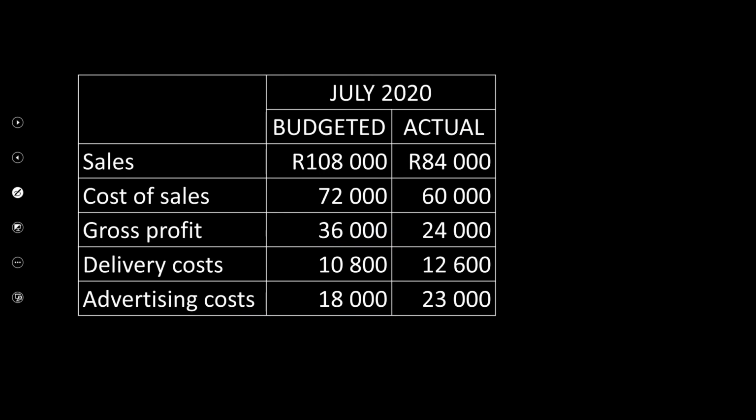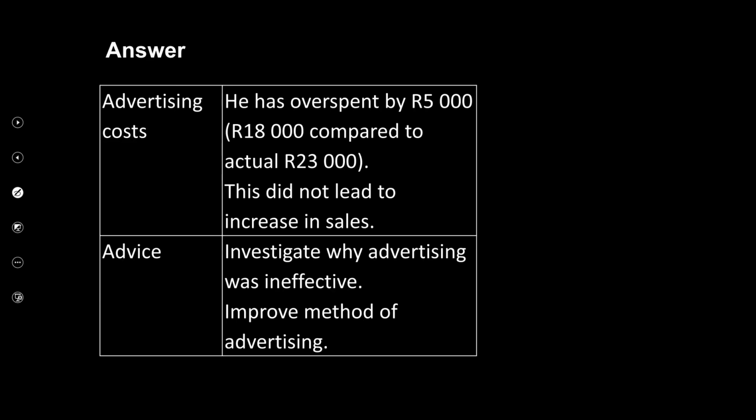Okay. Once again, we look at our sales figures, cost of sales, our gross profit, our delivery we've dealt with. We're now looking at advertising cost, okay? Because that's the next part of the question. We budgeted 18,000, but we spent 23,000. Again, advertising.